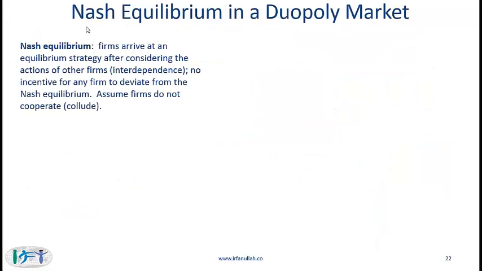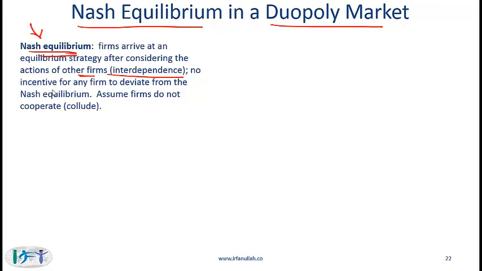Now we look at Nash equilibrium in a duopoly market. And here is the premise. Notice that with all these assumptions or models, there is a core premise, and you need to be on top of that premise. According to the Nash equilibrium, firms arrive at an equilibrium strategy after considering the actions of other firms, and this is called interdependence.